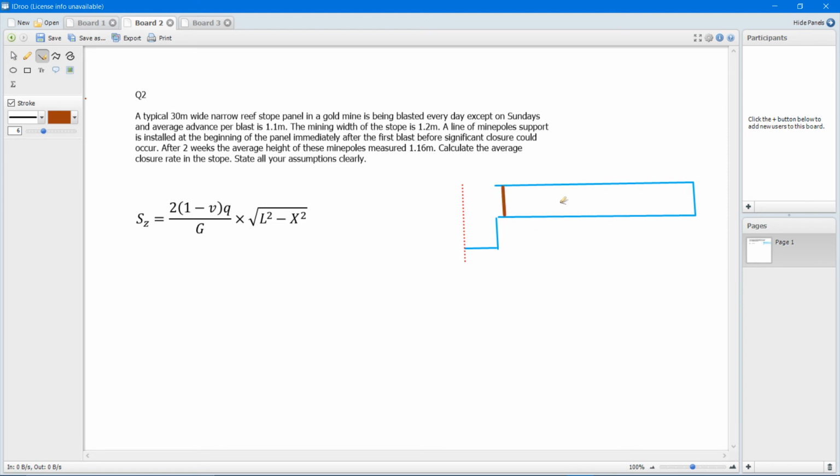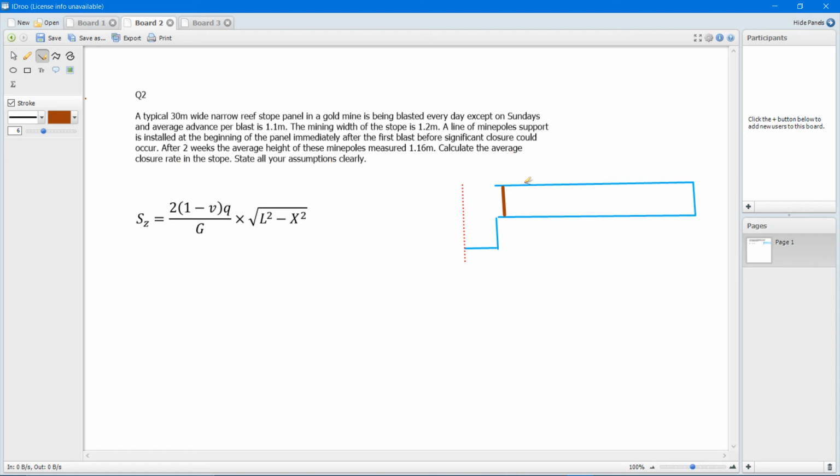So these are your mine poles, right? So they've been installed at the beginning of the panel, which is right here, immediately after the first blast before any significant closure had occurred. So no closure has occurred here. Now, after 2 weeks, the average height of these mine poles measures 1.16. Calculate the average closure rate in the stope.